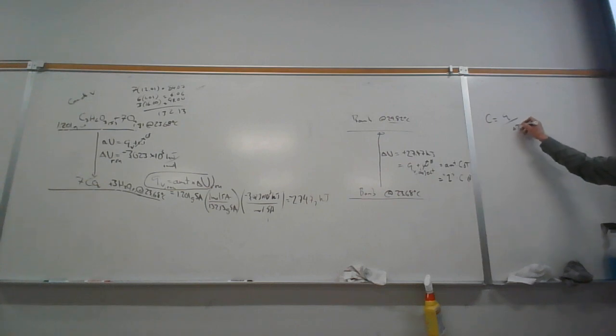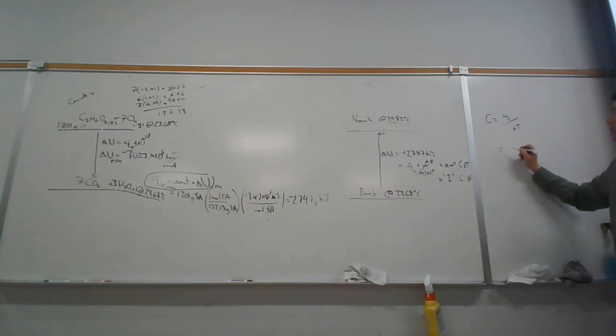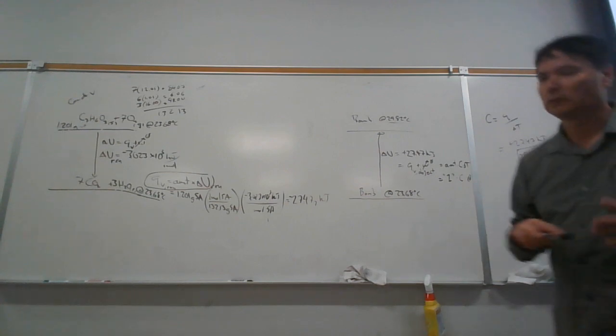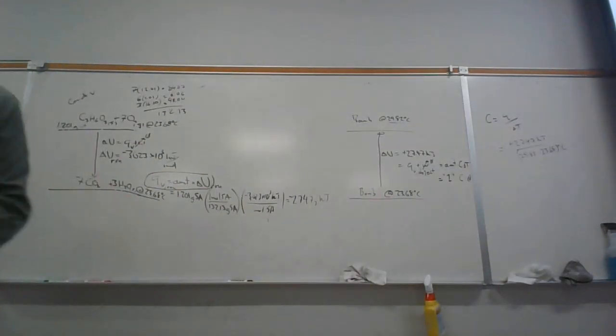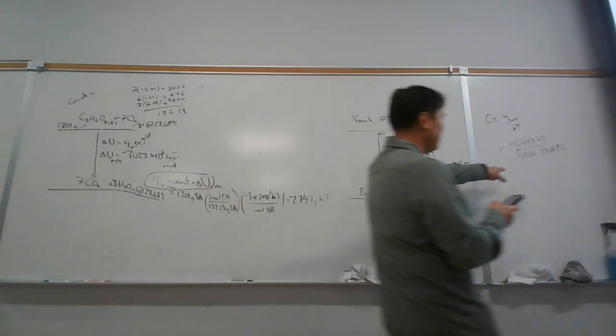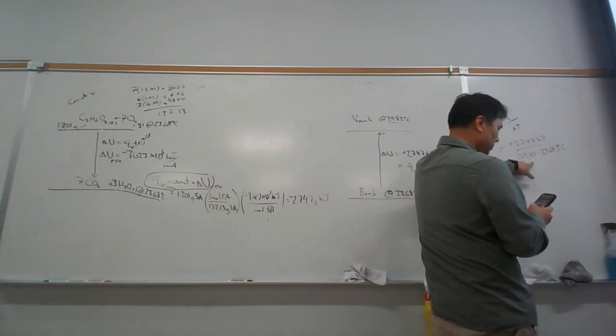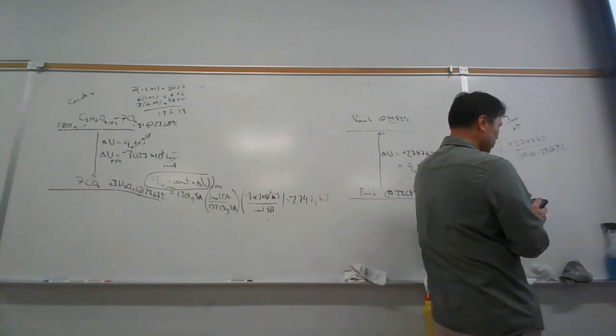Q over delta T. So Q is going to be plus 27.47 kilojoules, and delta T is going to be T final minus T initial, 29.82 minus 23.68 degrees C. So 29.82 minus 23.68 equals 6.14.